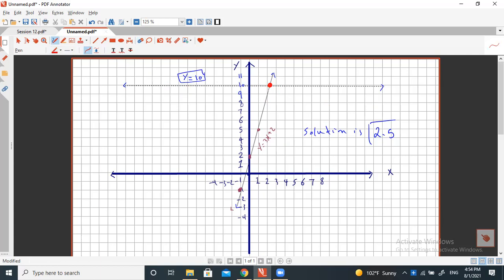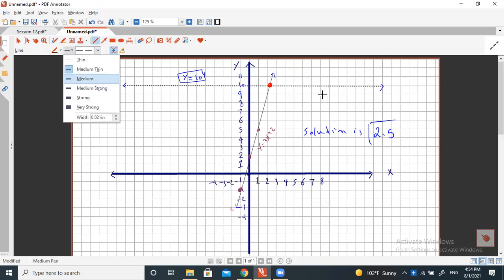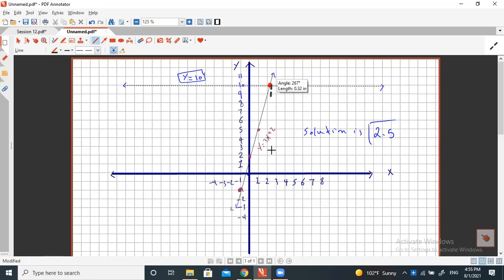All what you need is to find the value of x corresponding to 10 only. That's what you need. So we draw a line, you draw a line and you go down. Okay, so it's almost here 2.5 or 2.6, something between 2 and 3.